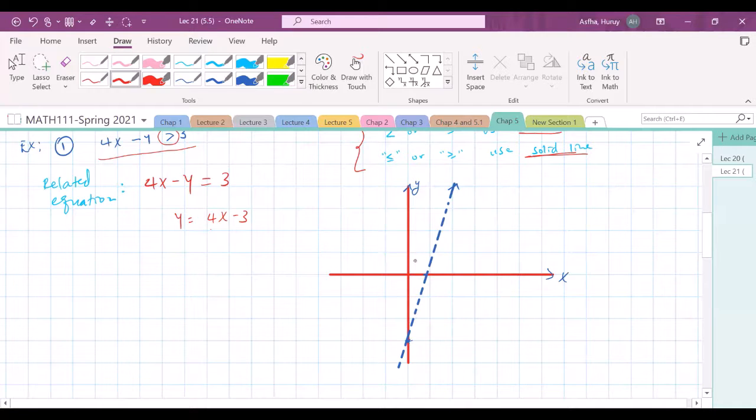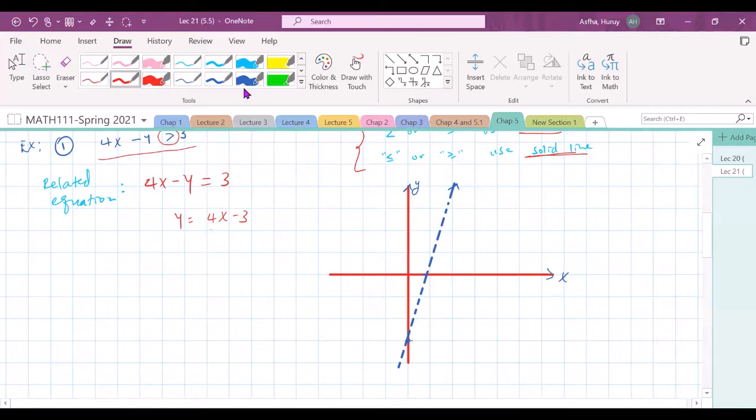If it doesn't satisfy the inequality, I don't have to try from the other area. Just pick one point from one side and see if it satisfies. If it satisfies, then that area is the solution. If it doesn't, then the other side is the solution.